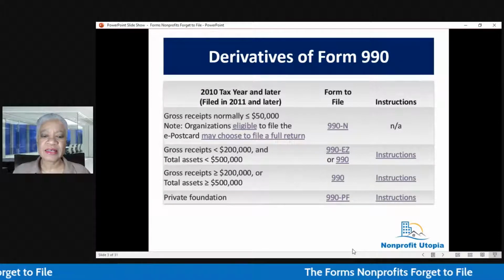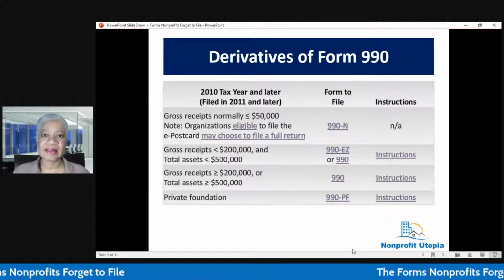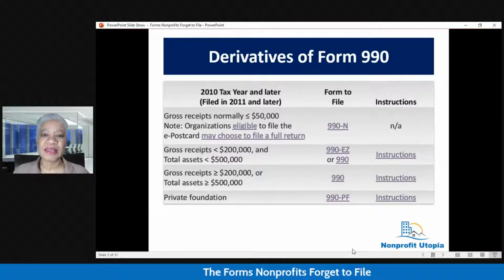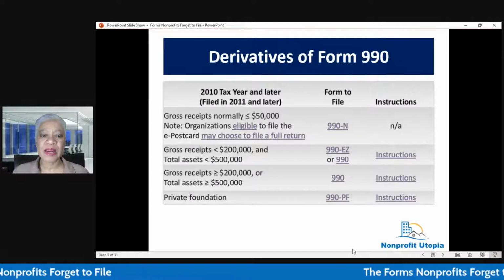For those organizations that have less than $200,000 coming in every year and assets of less than $500,000 — when we talk about gross receipts, we're talking about the money that comes in through fundraisers and grants.